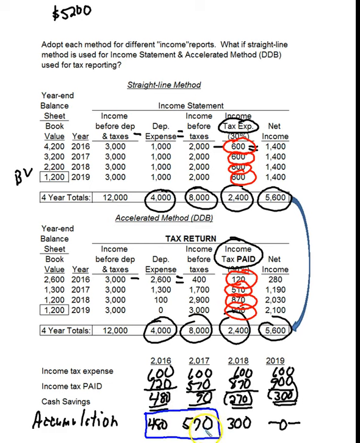We get cash savings, but we turn around and pay it back in the future. So in effect, Congress created an interest-free loan, oddly enough, by using depreciation methods.